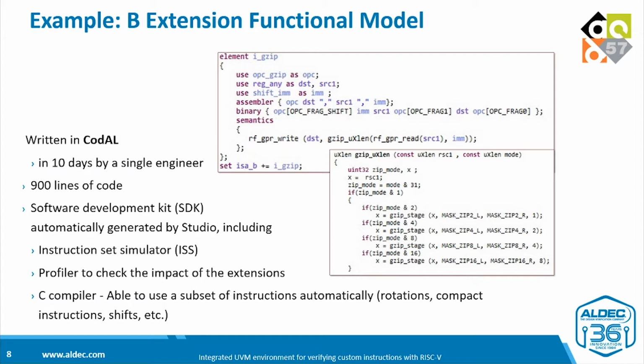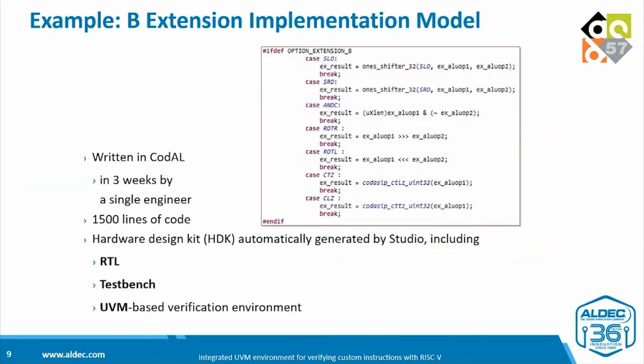This took 10 days and resulted in 900 lines of code. Then a software development kit was automatically generated and evaluated. The next stage was the implementation model, which again is written in CodAL. This time it took 3 weeks and 1,500 lines of code, and then from that the hardware design kit could automatically be generated.